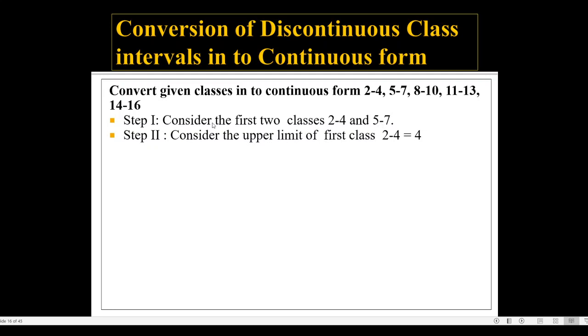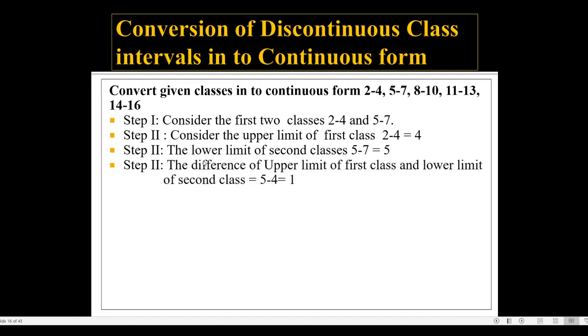Then see here, upper limit of first class is 4, then lower limit of second class is 5. Here difference between these two, lower limit of second class minus upper limit of first class, is equal to 5 minus 4 is equal to 1, and if we divide this one by 2 we get 0.5.